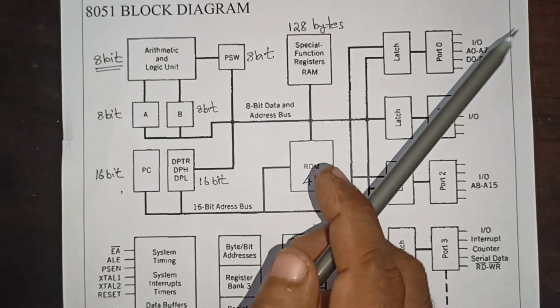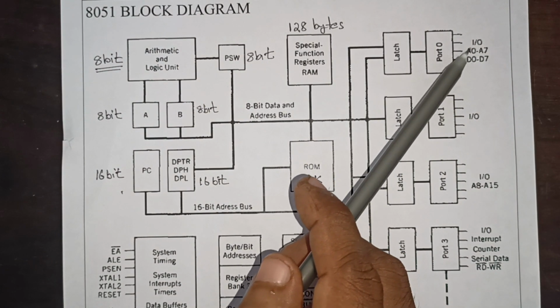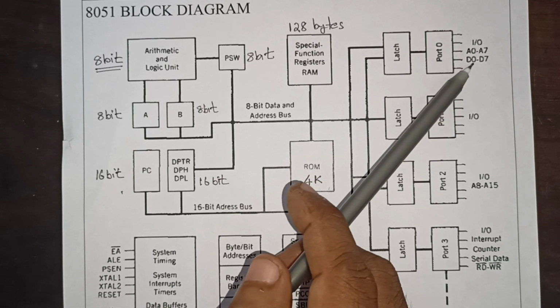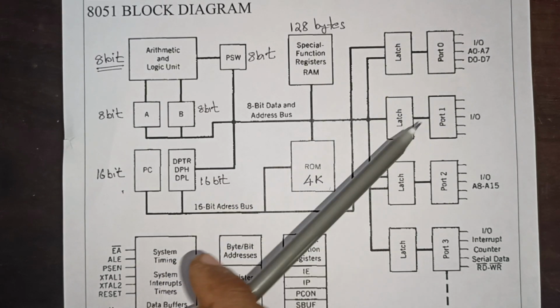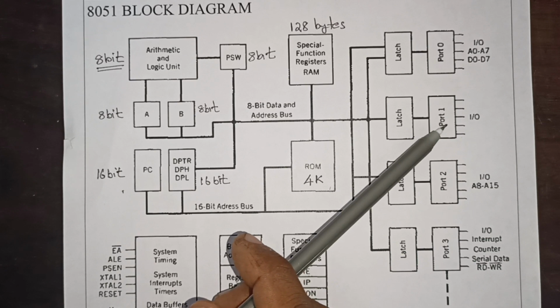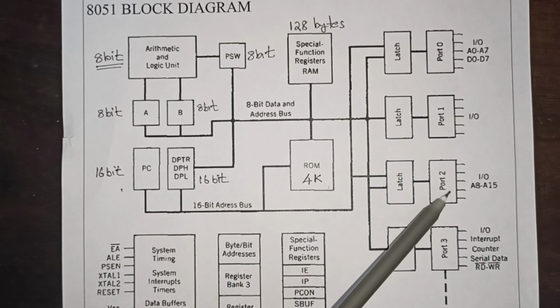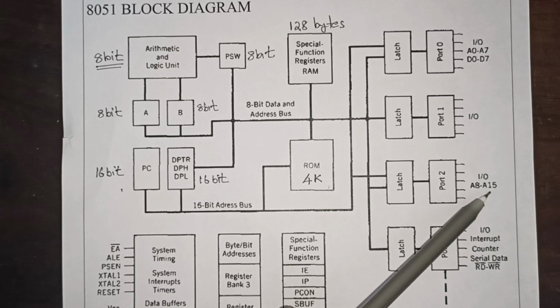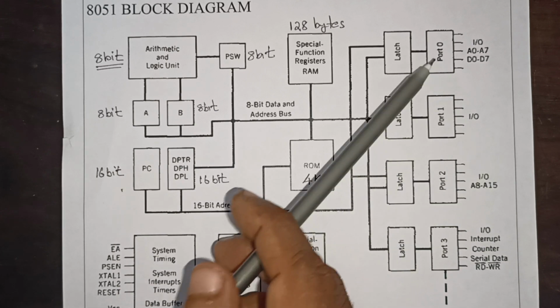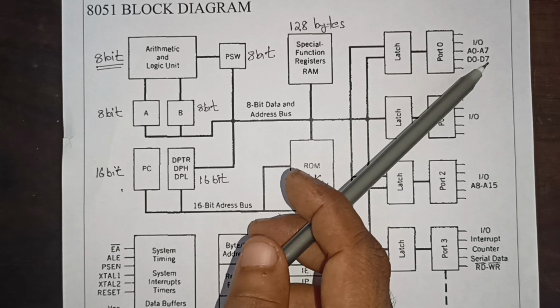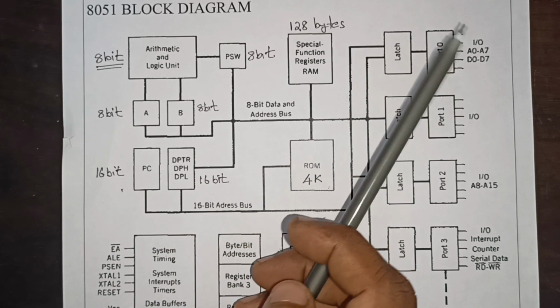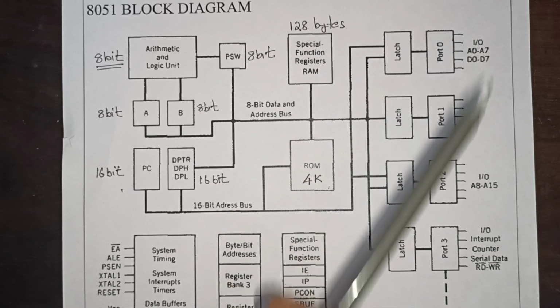Okay, so this port has the additional function of carrying address and data. This port doesn't have any additional functions. This port has the additional function of carrying address only, not data, because data is always 8-bit. So 8-bit is already transferred through the other port.